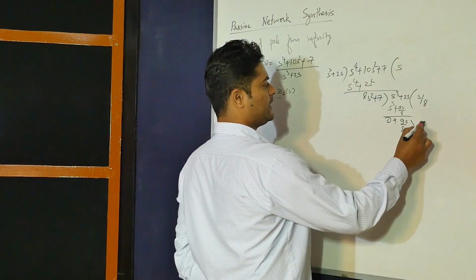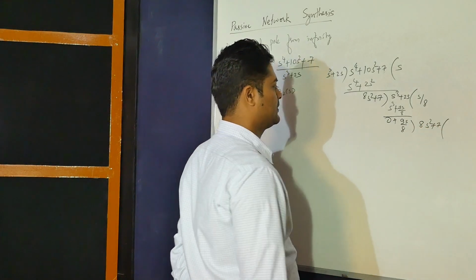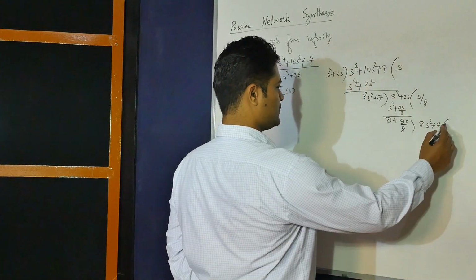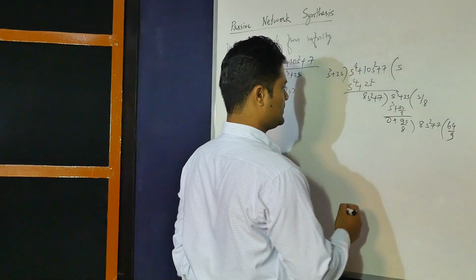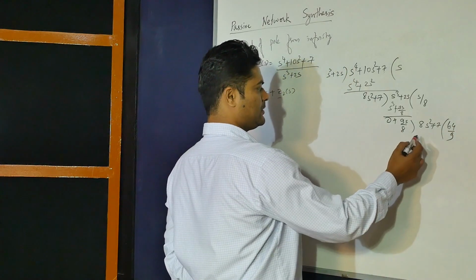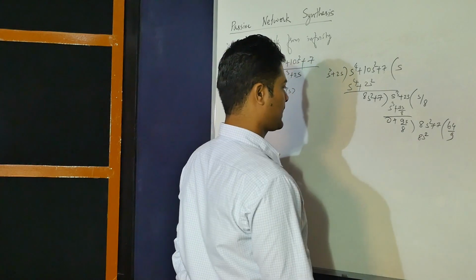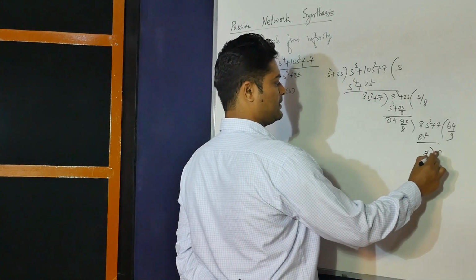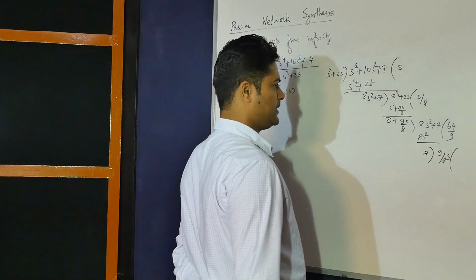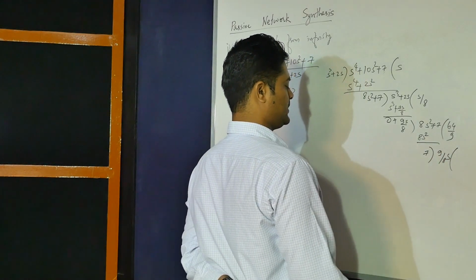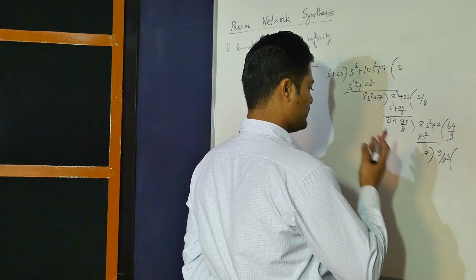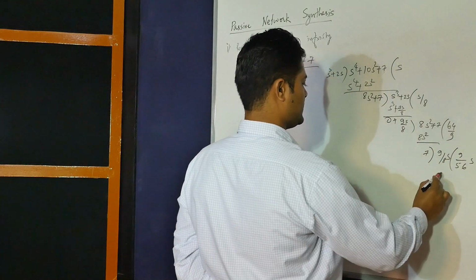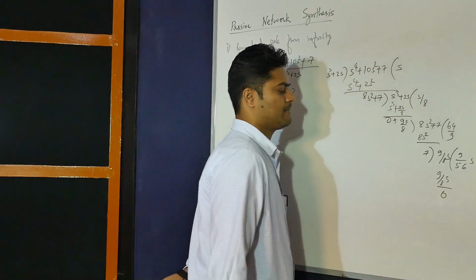We have to divide again 8s square plus 7 by 9s by 8. We need 64 by 9, and when I multiply with this, we have 8s square plus 64 by 9 times 7 by 8, so we end up with 7 and 9 by 8 s. Then 9 by 8 divided by this gives 9 by 56, and we end up with 0.